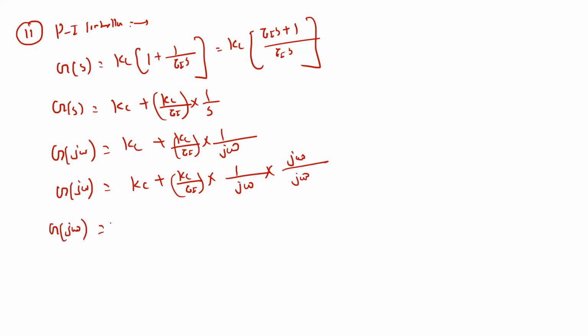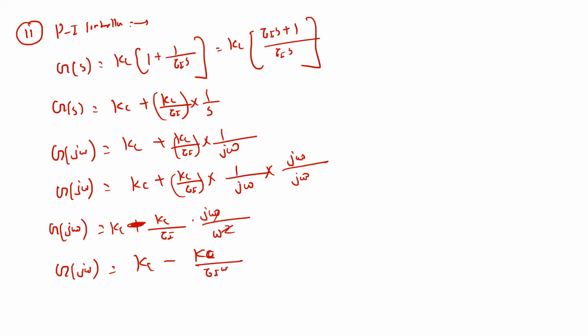So G of j omega is equal to Kc plus Kc upon tau I into j omega over j square omega square, that is minus j omega divided by omega square. So omega and omega square will get cancelled out. Your G of j omega is equal to Kc minus Kc divided by tau I omega into j.